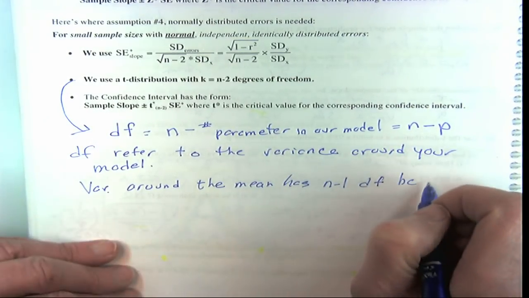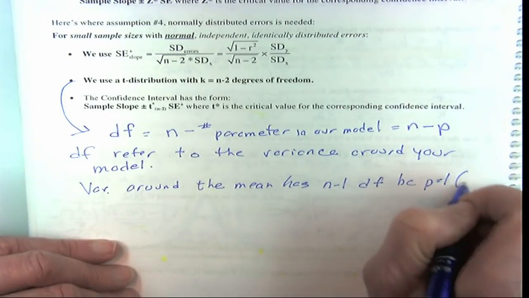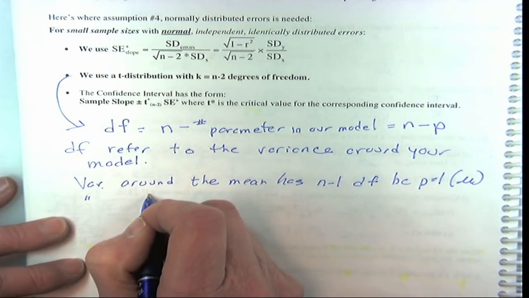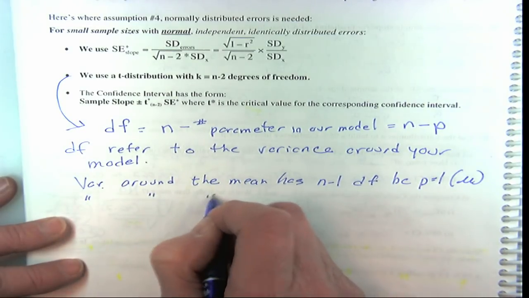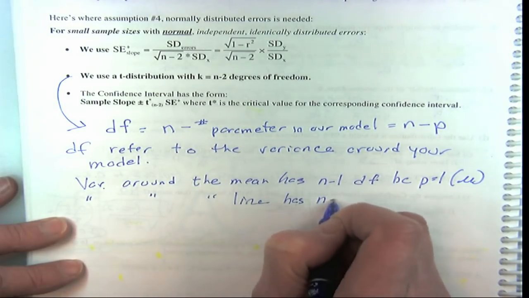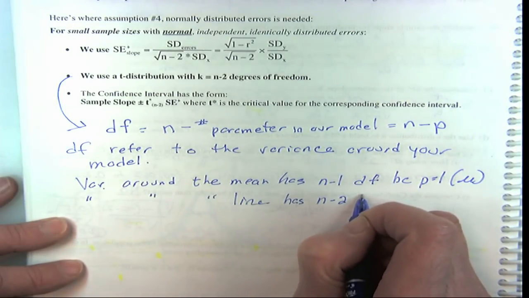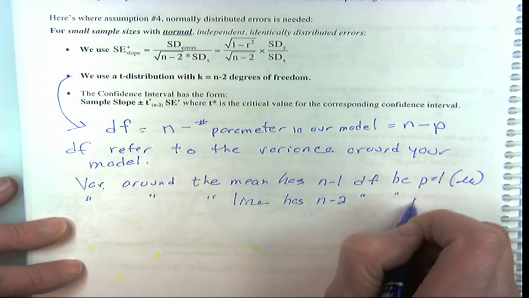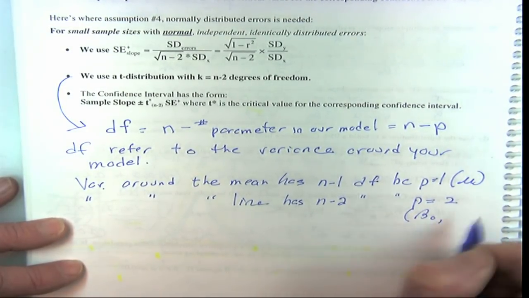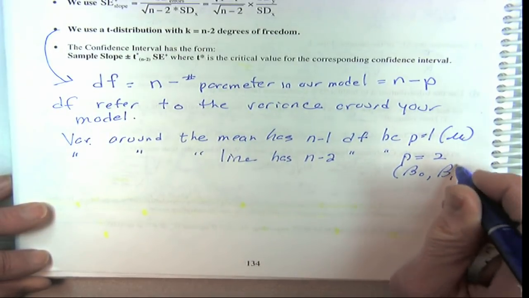We're only estimating one mean, a population mean. The variance around a line has n minus 2 degrees of freedom because we have two parameters. We're estimating beta naught, the intercept, and beta 1, the slope.